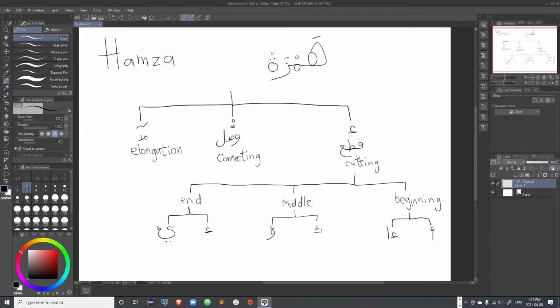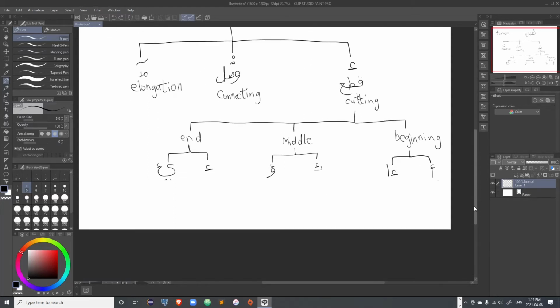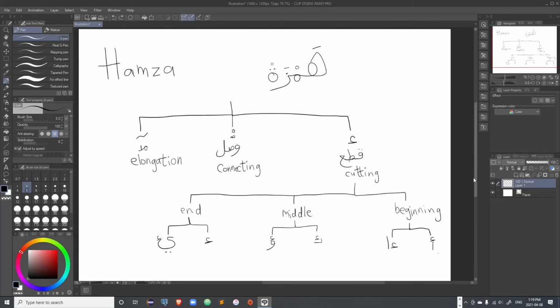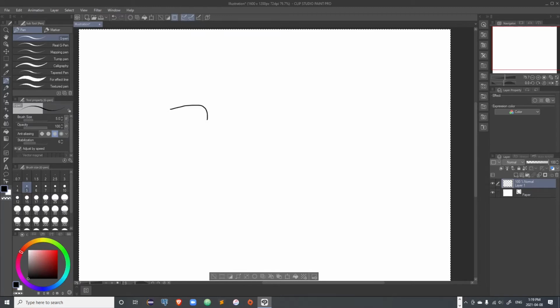There is a rule or an order of precedence with regards to, I'll need more space. Just give me a quick moment. There we go. And so I will write here middle to remind us which rule we are covering. And I will draw the Hamza here and the other Hamza here.